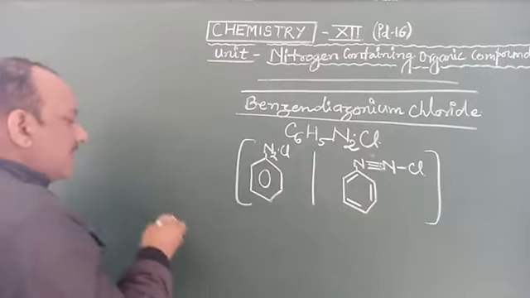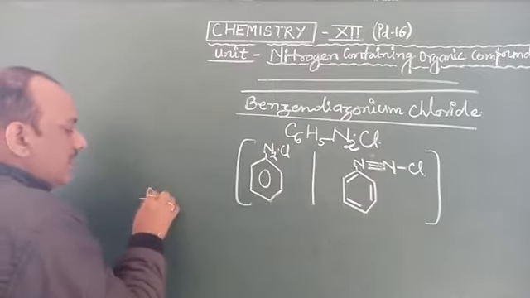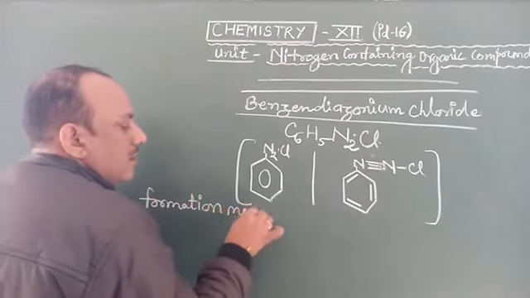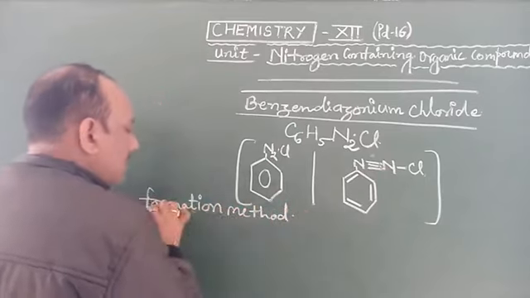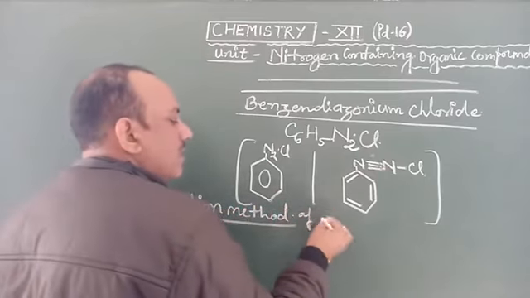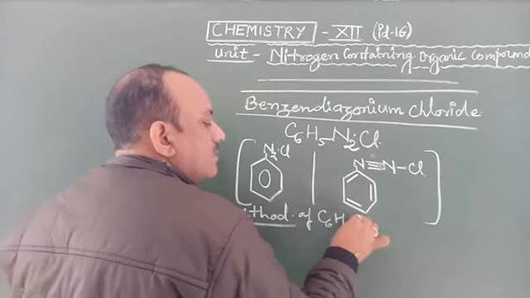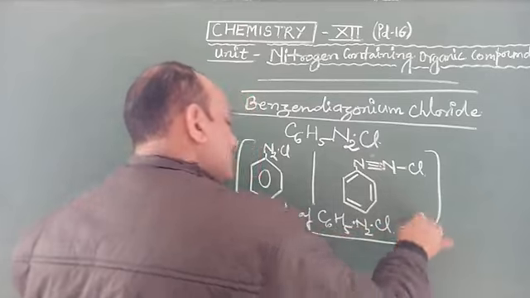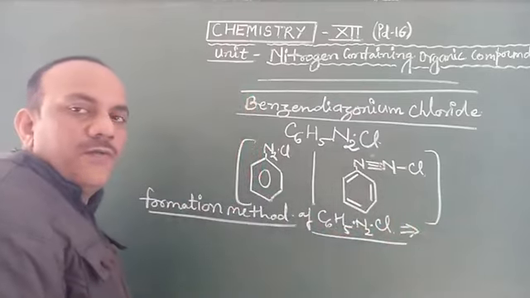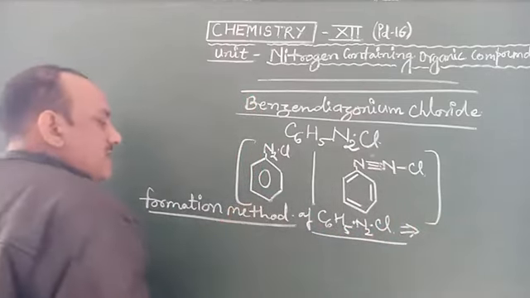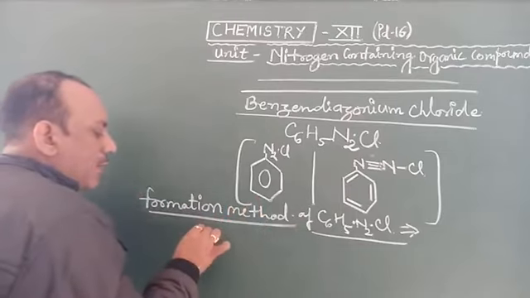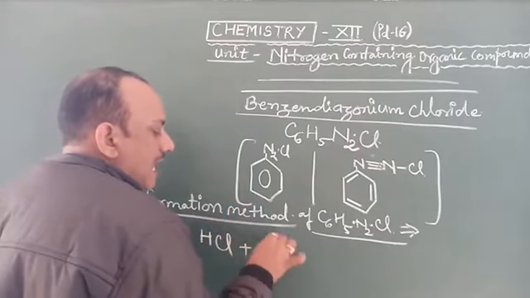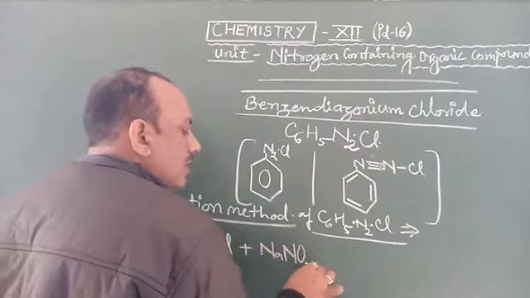How can we extract or produce it? So the formation method of benzene diazonium chloride. We follow the previous reaction concept. Hydrochloric acid HCl reacts with sodium nitrite NaNO2 in the cold.